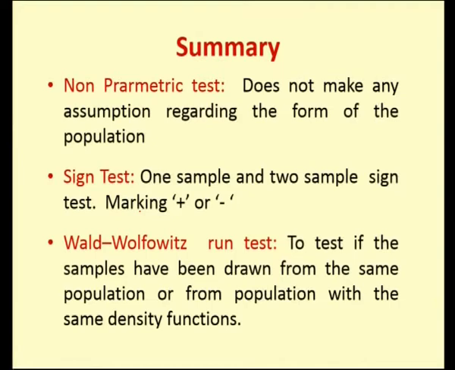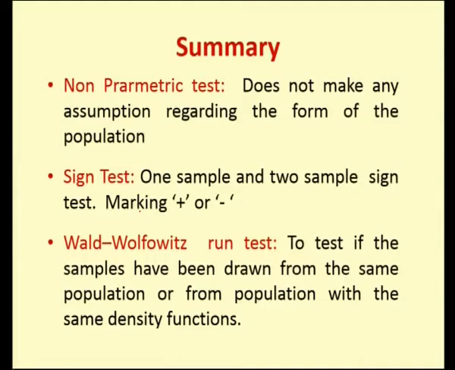Then, looking at the number of minus signs, you fix your probability using the probability distribution, get the value, compare with the p value, that is p equal to 0.05, and draw the inferences. If the calculated value is lesser you reject, if it is greater you accept.